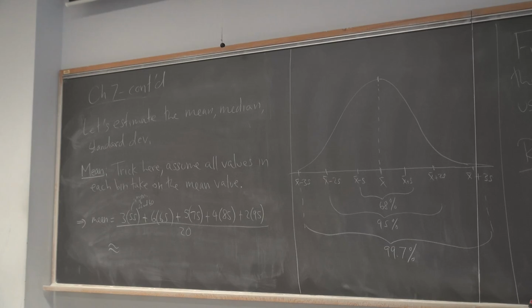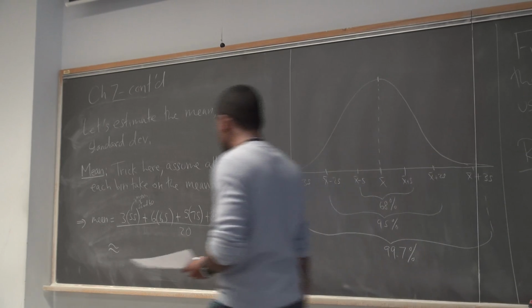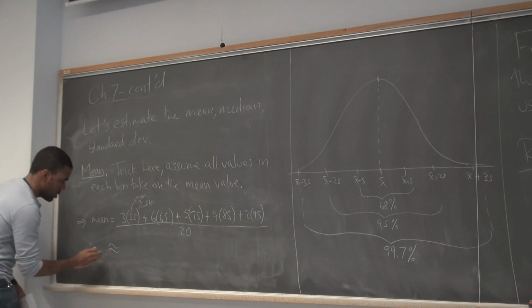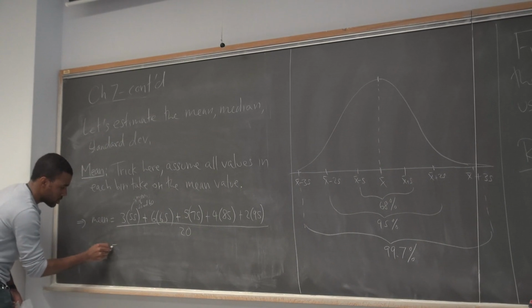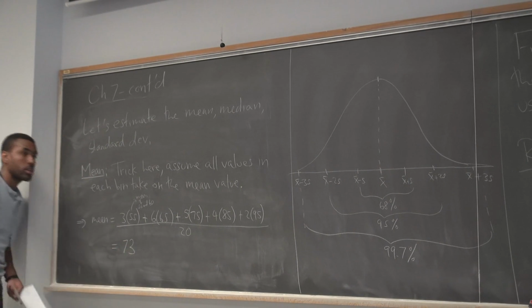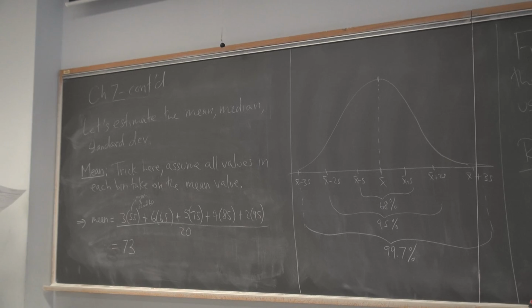I computed this before. So this actually gave us an integer. This is exactly 73. Now, by the way, I went through and did the mean the hard way, added all 20 numbers and divided by 20.